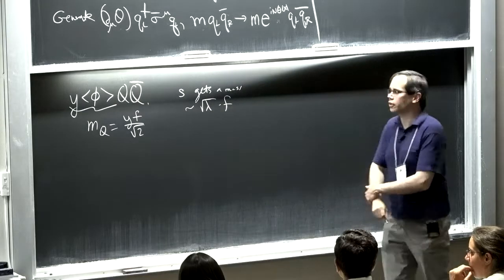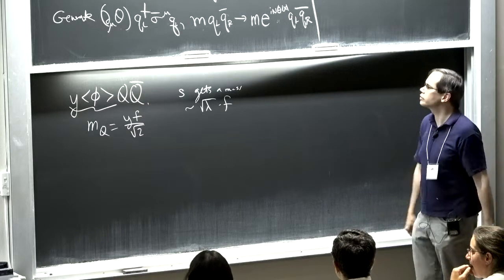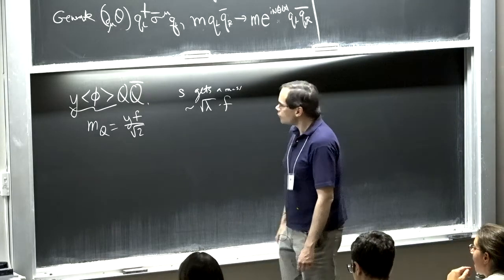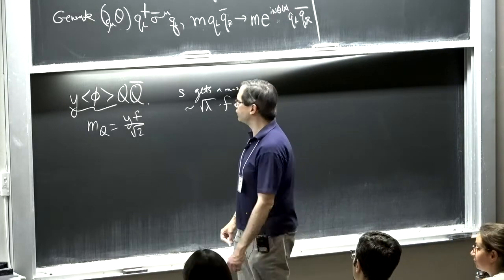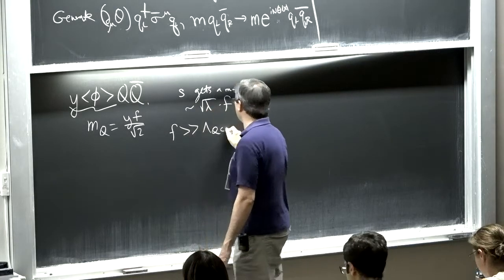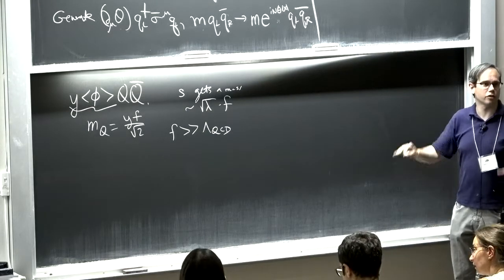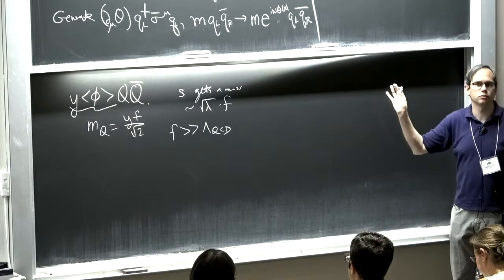If this was a quartic potential, it would be of the order square root of lambda times f, just like the Higgs mass that you're familiar with. And so Q, Q bar, and S are all heavy. Okay, let's take F to be much bigger than the QCD scale, so I don't have to worry about the strong dynamics. When I think about these heavy modes, I can just integrate them out.